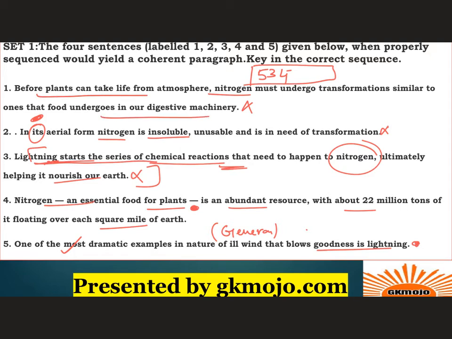Hence, 2 and 1 is a link, and 2 and 1 will definitely come at the end, right? So 5 3 4 2 1 is the correct sequence to make a coherent paragraph out of this parajumble. Alright, I hope you have understood this. Very easy. If you have got your basics right, parajumble would be a cakewalk.